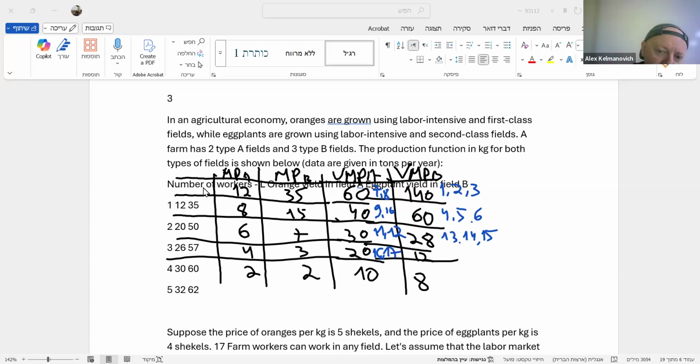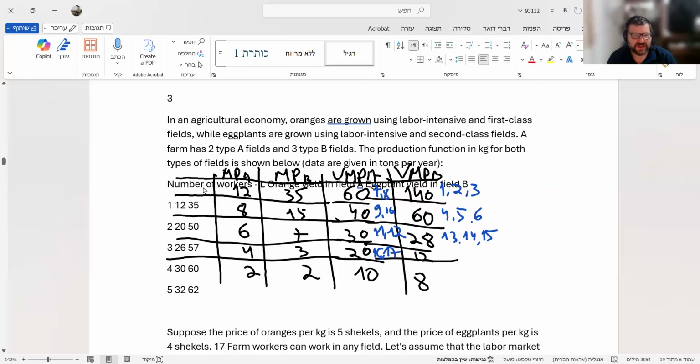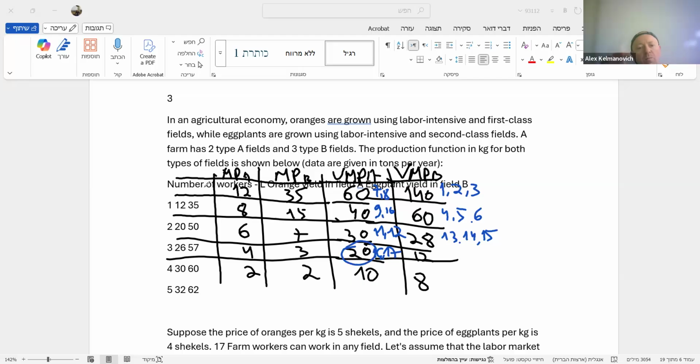He works here, and his VMP is 20. So in this case, every worker's wage is 20 shekels. All the workers get the wages by the last one.